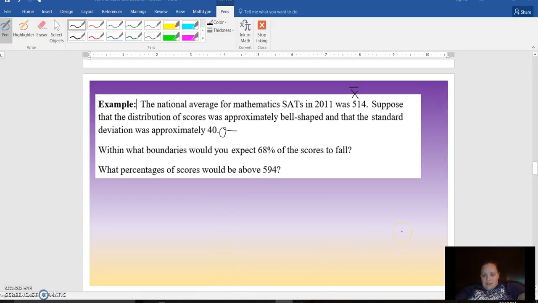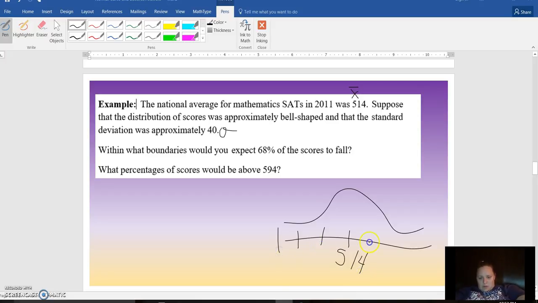I'm not here for perfection. I'm here for progress. So I draw my curve, and in the middle, I write my mean, 514. Now I need to take 514 and add 40, add 40, add 40.